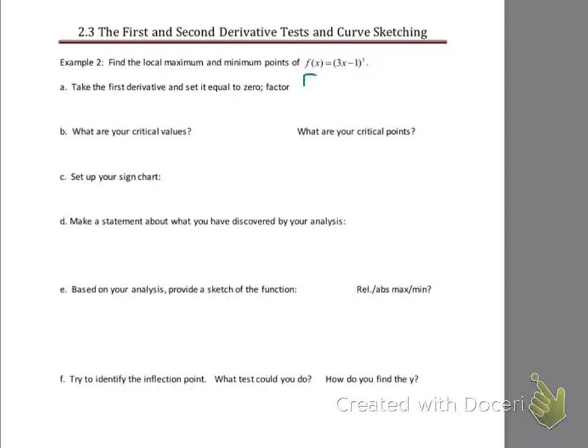So when I do that, I get f prime of x equals, I have to use the power rule and the chain rule. So I'm going to bring down my 3, and then this is going to be 3x minus 1 squared times 3, because 3 is the derivative of what was inside here.